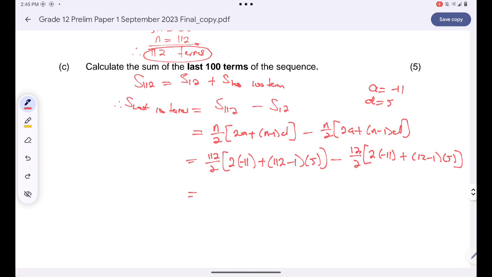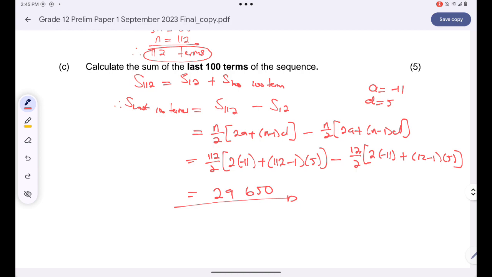Then we minus 12 all over 2 multiplied by 2 times negative 11 plus 12 minus 1 times 5. So the answer, guys, is just 29,650. This is the sum of the last 100 terms of my sequence.